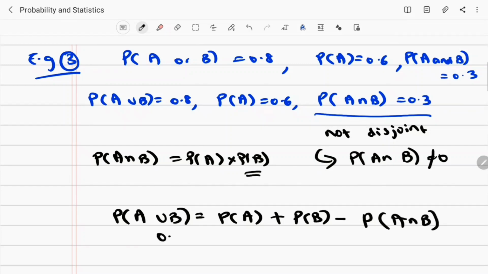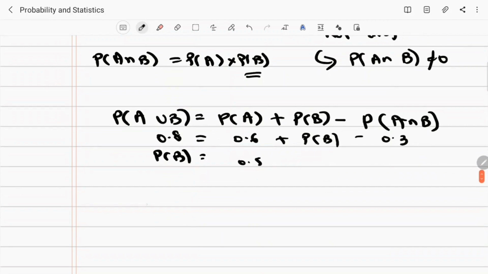The union is 0.8, probability of A is 0.6, B we don't know, and their intersection is 0.3. As such, we can find the probability of B, which gives us a value of 0.5.